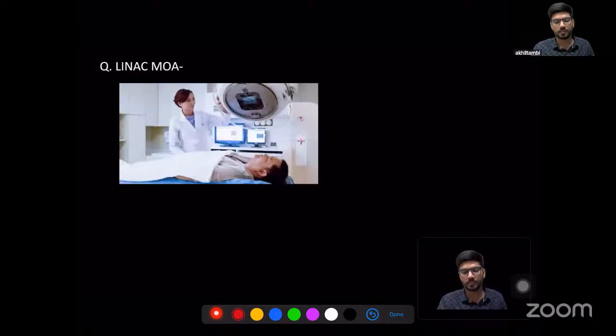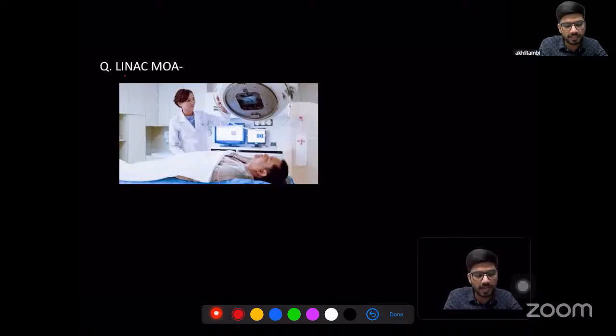Next question, I don't know whether an image was given or not, but it was regarding the LINAC mechanism of action. LINAC is the linear accelerator. In the linear accelerator, we give radiotherapy in the form of teletherapy.